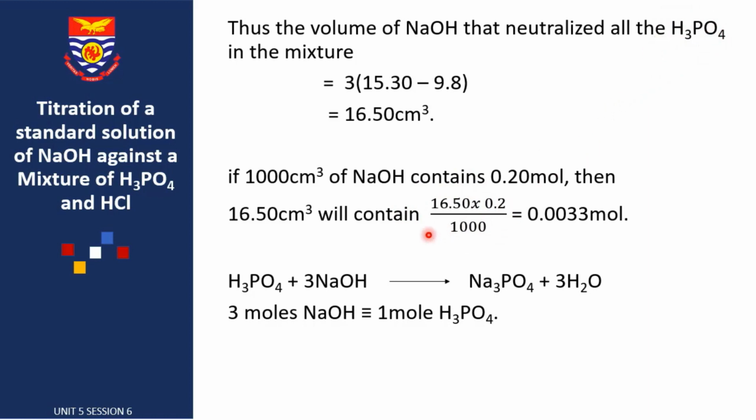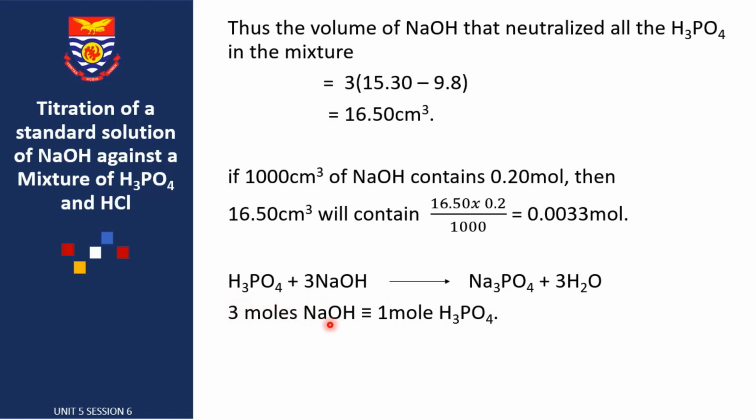And so we can proceed to the equation of reaction. From this equation, 3 moles of sodium hydroxide are required to completely neutralize 1 mole of phosphoric acid. So the mole ratio is 3:1.